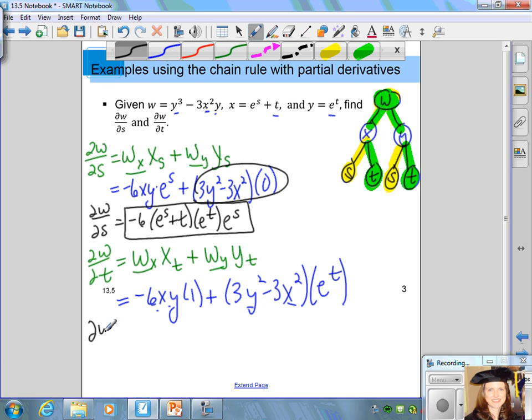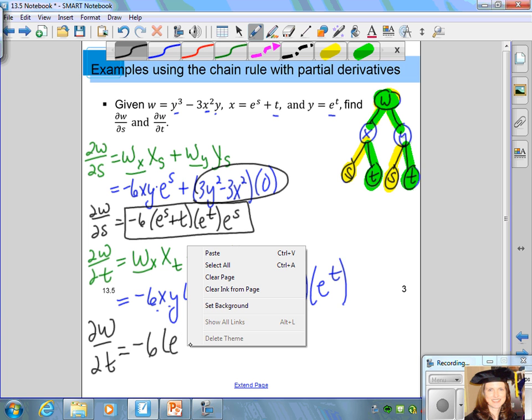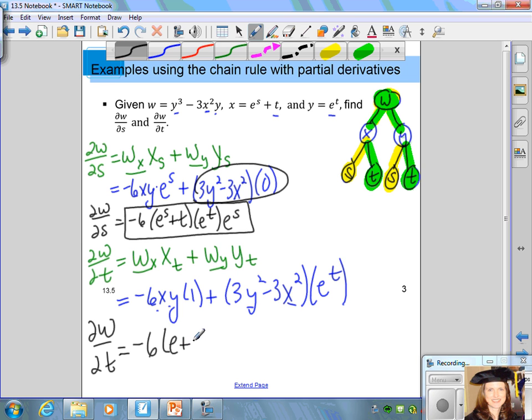So the partial of w with respect to t is equal to, making the substitutions for x, which is e to the s plus t, times y, which is e to the t, times 1, plus 3 times y squared, e to the t squared is the same thing as e to the 2t, minus 3x squared, e to the s plus t, all of that squared, that should be a minus, times your e to the t.